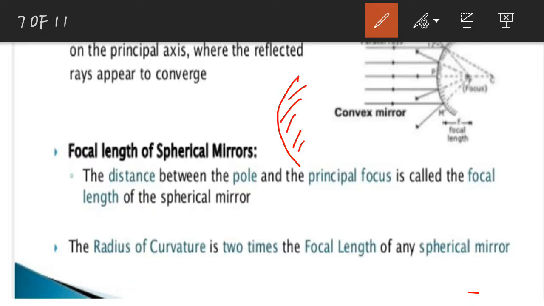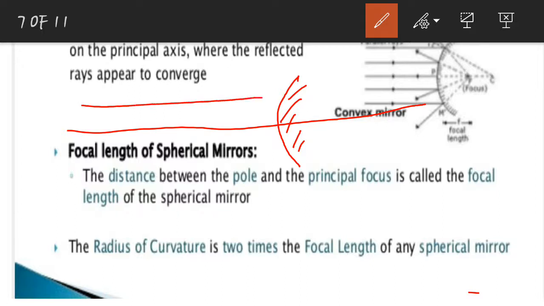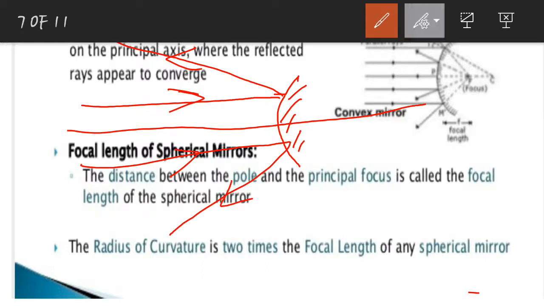This is a convex mirror, and a ray parallel to the principal axis, when it is reflected, will diverge. So it will go like this. Clear?